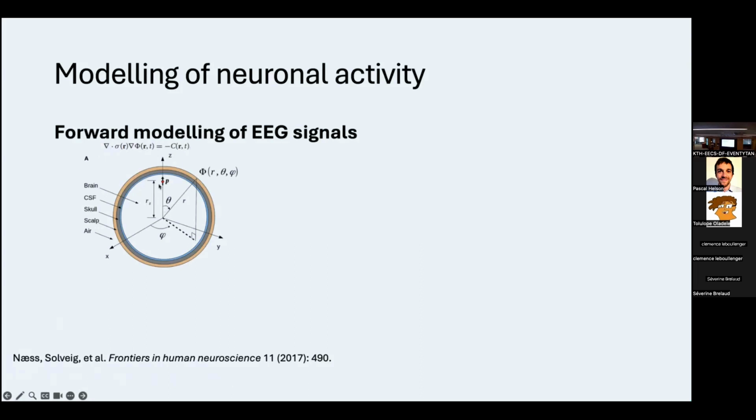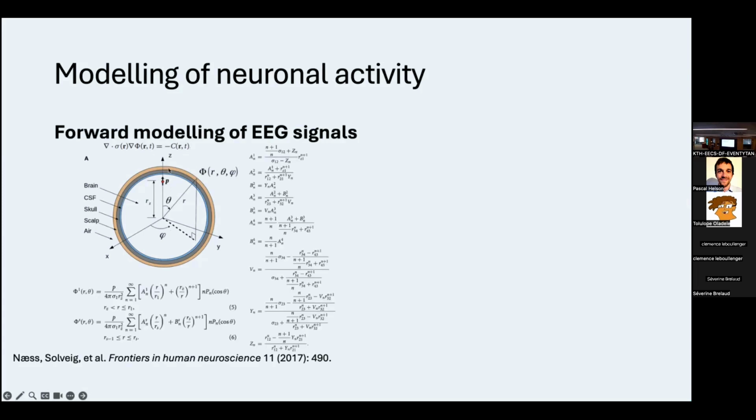You model the brain as just a ball, with the cerebrospinal fluid and scalp around it also as layers of ball. Whenever you place a dipole moment inside or outside of this, you can model the local field potential or the field potential. When it's inside the brain, you call it local field potential, and when it's outside, it's EEG.